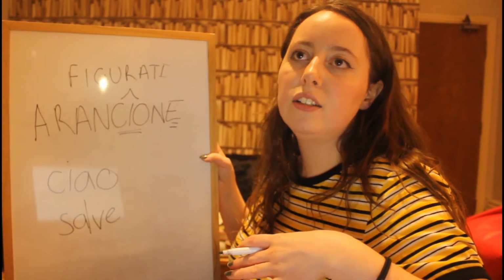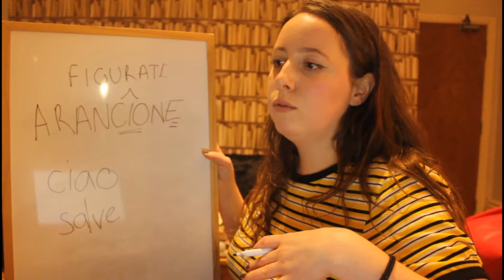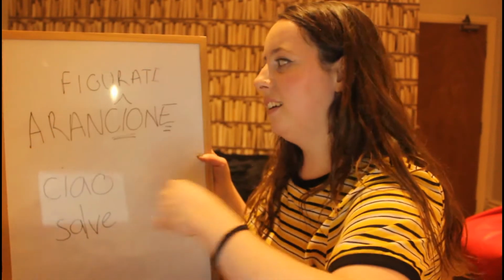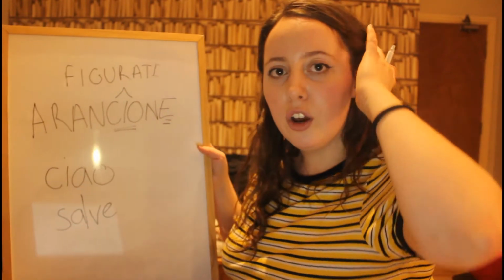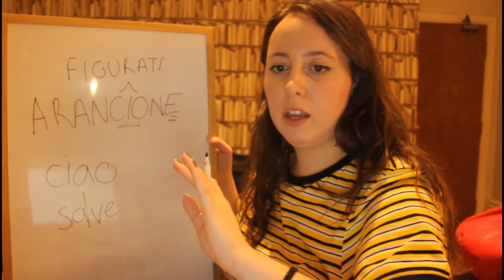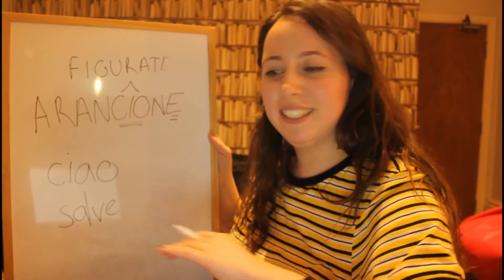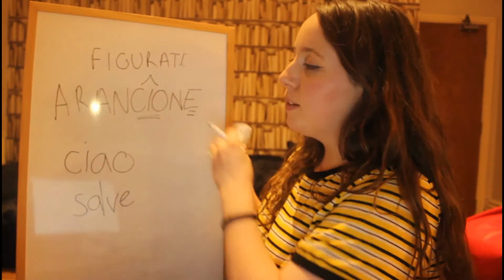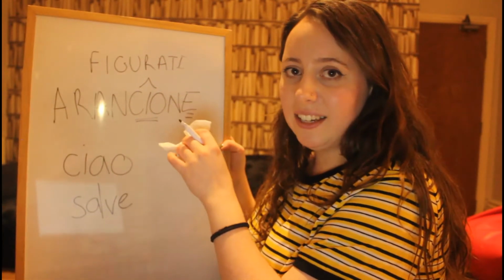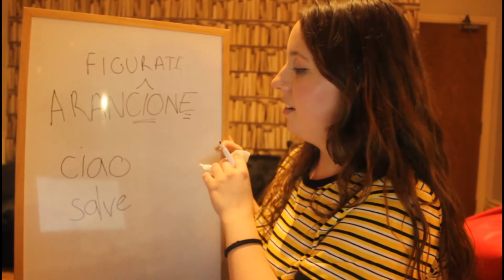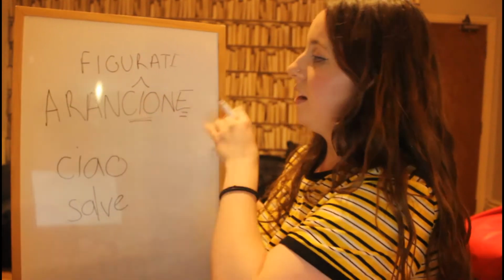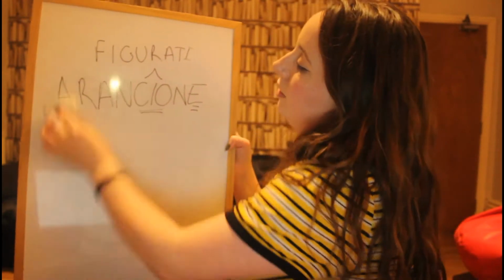It will just change the recipient's understanding of what you're saying. They may think you're saying an entirely different word, or that you've just got a strange accent or something like that. But this is one of those words that you kind of just have to practice and practice and practice to get it into your head. So arancione, orange.